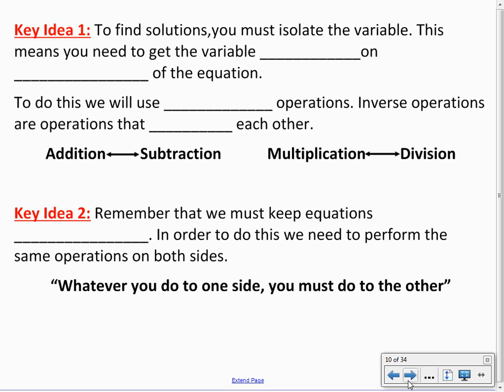So a couple key ideas to follow here. When we're finding solutions, you have to isolate the variable first. That means get it by itself. You want it to be the only thing on that side of the equation.